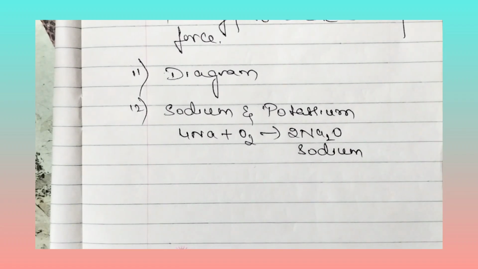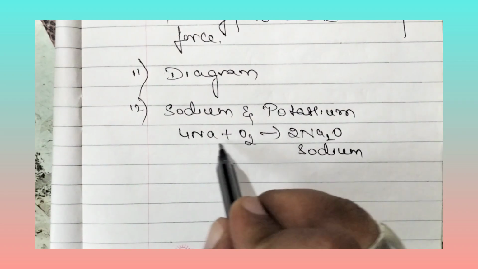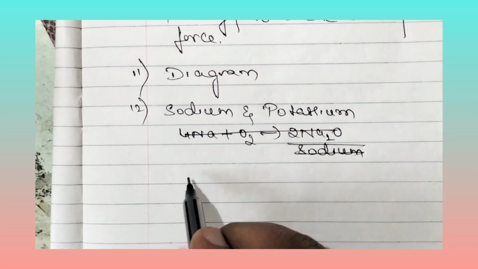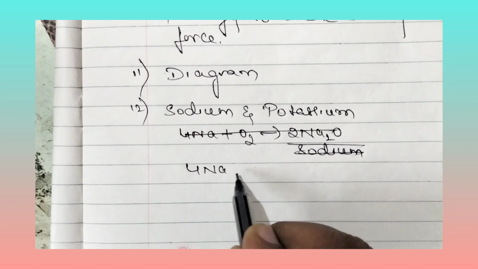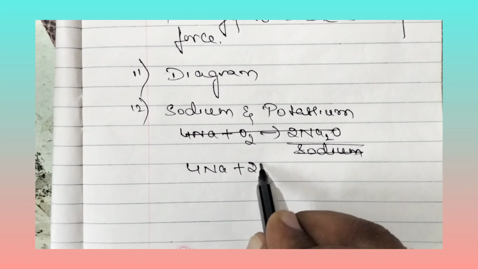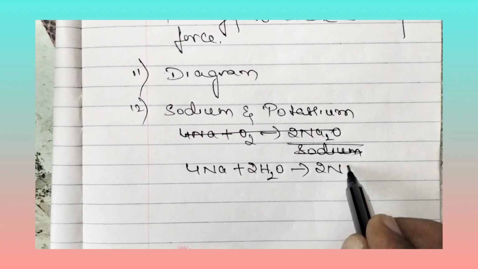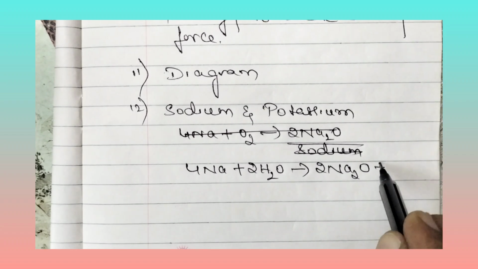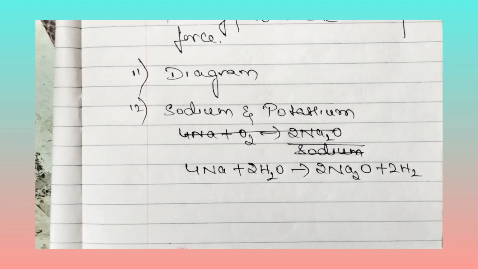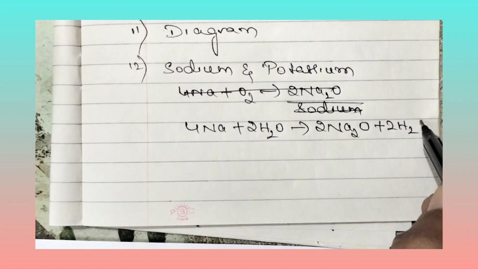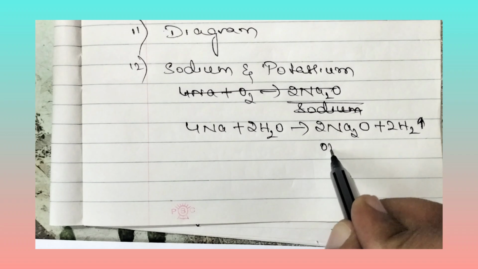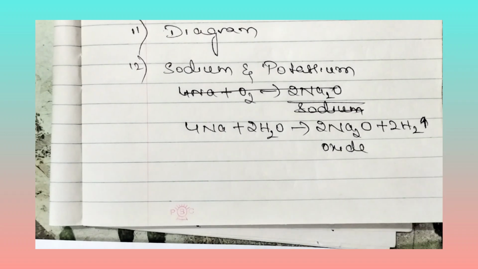Oh, sorry. It reacts with water, so I have to take that. Here 4Na plus 2H2O gives 2Na2O plus 2H2. Sodium oxide is formed, and along with it hydrogen is released.